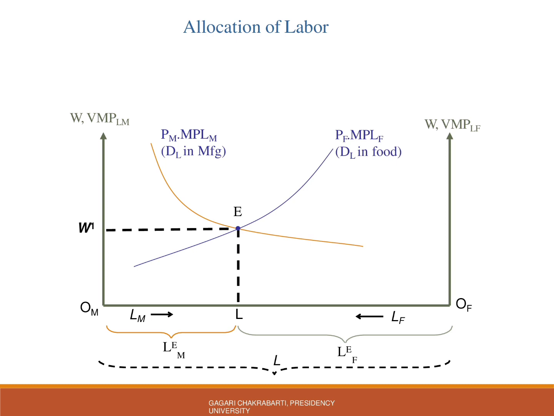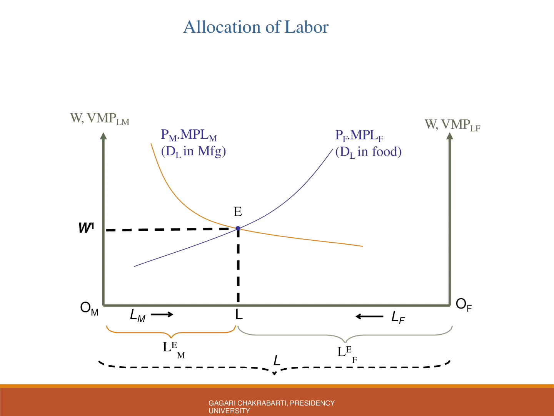Hence we get the equilibrium wage rate as W, and we get the amount L, which is the equilibrium employment of labor. So LM shows us the amount of labor used in the manufacturing sector, and LF gives us the amount of labor used in the food sector.